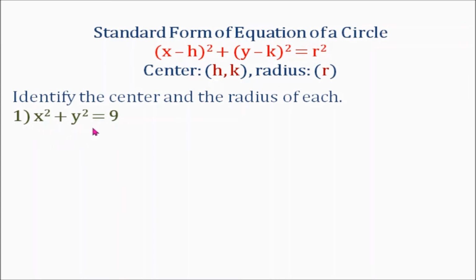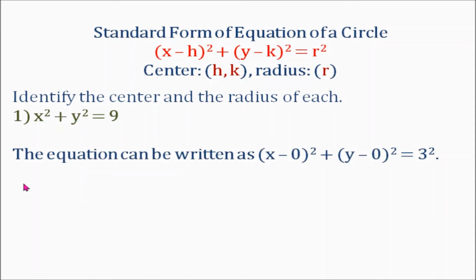Actually, this is already in standard form, and if we don't see a number after the x squared and the y squared, that means our equation can be written as the quantity x minus 0 squared plus the quantity y minus 0 squared equals 3 squared. So our center here has coordinates 0, 0 and radius 3. So meaning to say we will just find the square root of 9, which is 3, and that is the radius.